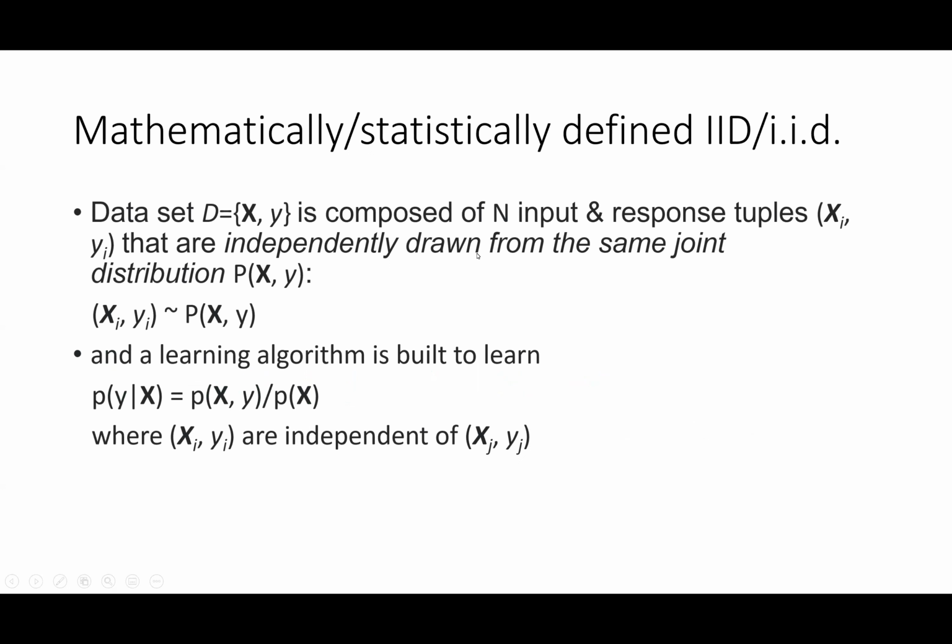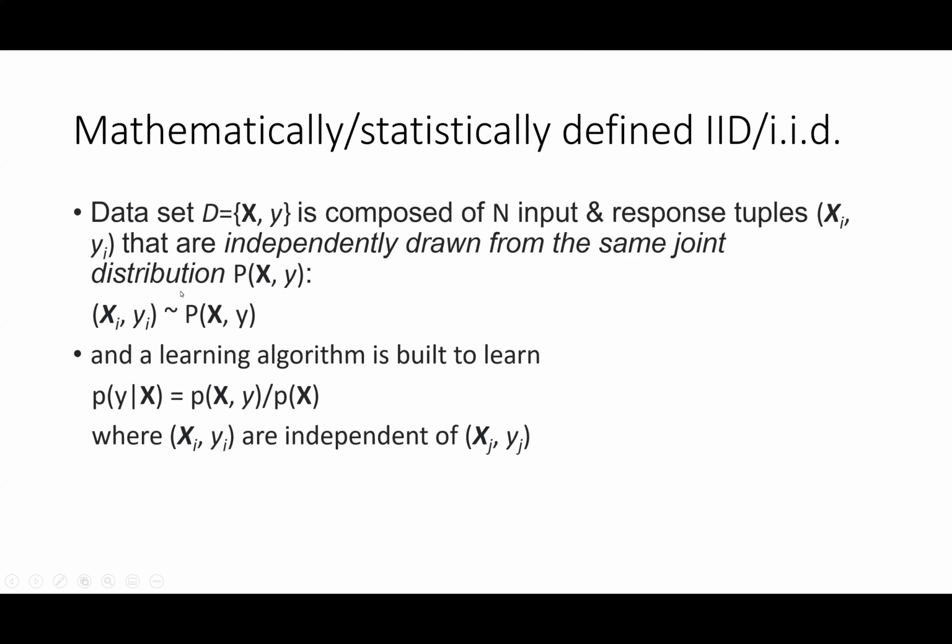Given a data set consisting of X and Y with N tuples of input and response, for each xi and yi, we assume xi and yi are independently drawn from the distribution pxy. So that's the assumption.